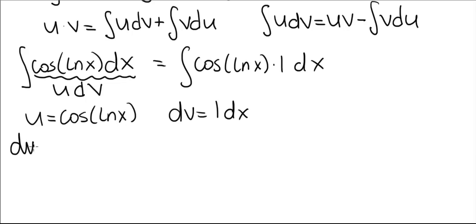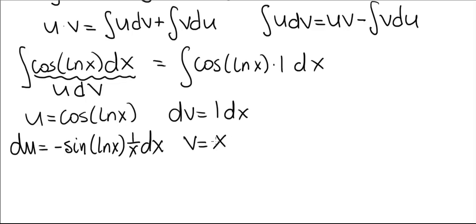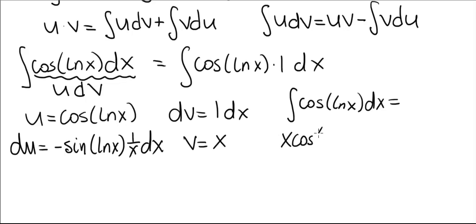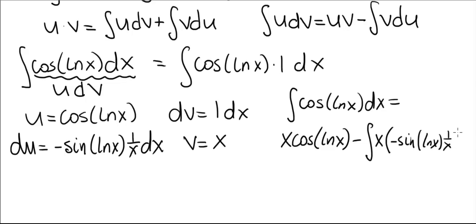So du is going to be minus sine of ln of x times 1 over x dx, and v is x. Our integral now looks like this. The integral of cosine of ln of x is equal to u times v, that's x times cosine of ln of x, minus the integral of v du, which is x times negative sine ln of x times 1 over x dx.